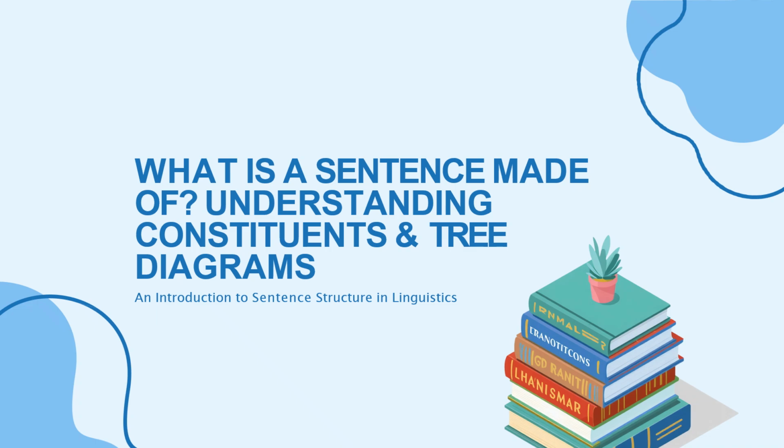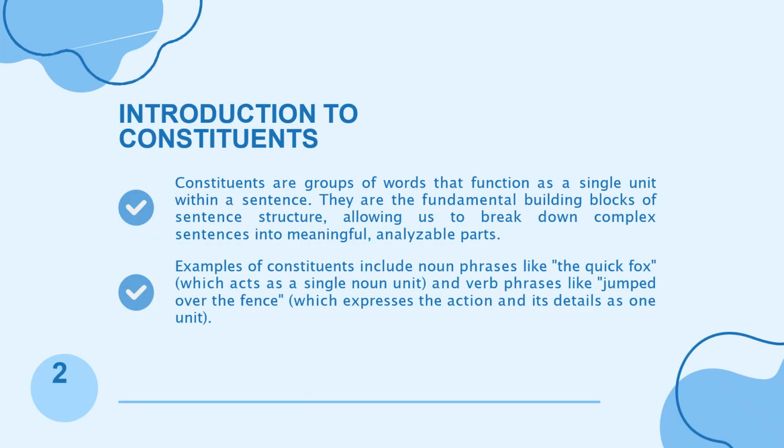Introduction to constituent. Let us begin with the concept of constituent. Constituents are groups of words that work together as a single unit inside a sentence. They are considered the building blocks of sentence structure because they allow us to divide complex sentences into smaller, meaningful parts.